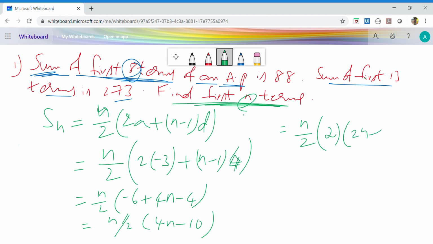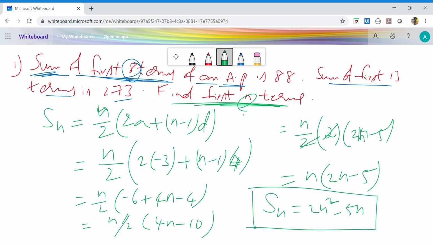So 2n minus 5, the 2 gets cancelled. So n into 2n minus 5 is the general form of Sn, or simply you can write Sn is equal to 2n square minus 5n, if you want to multiply.